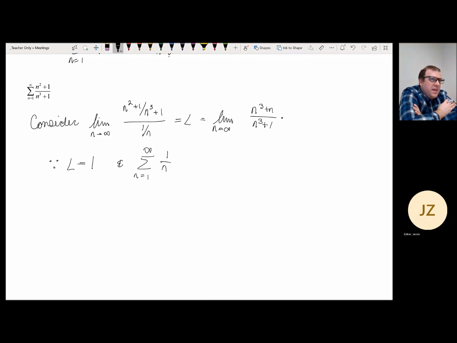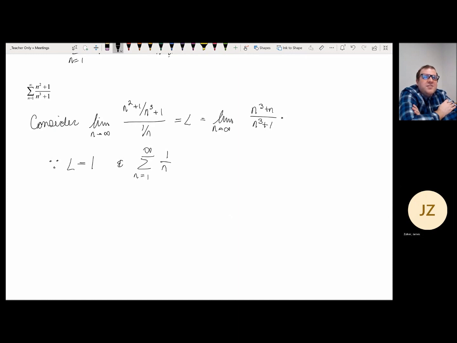Well, the terms decrease, I agree with that. The series itself doesn't. You keep adding terms to it, so it's going to keep getting larger. Does this series converge or diverge? It diverges. Why?